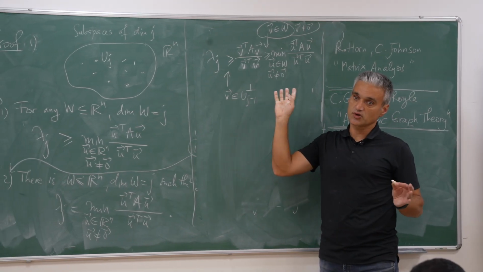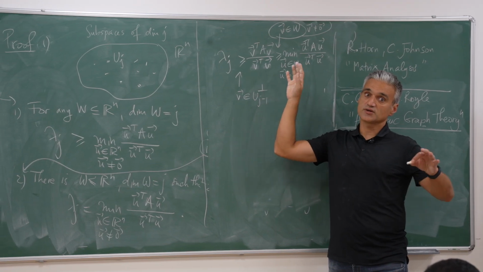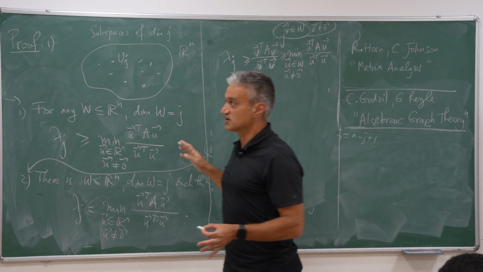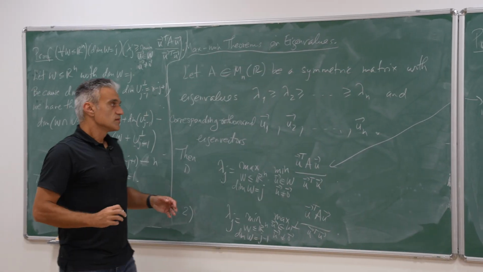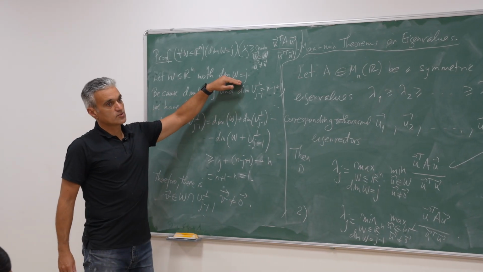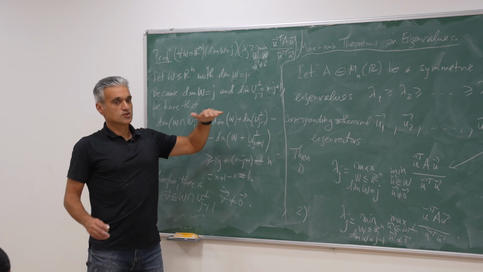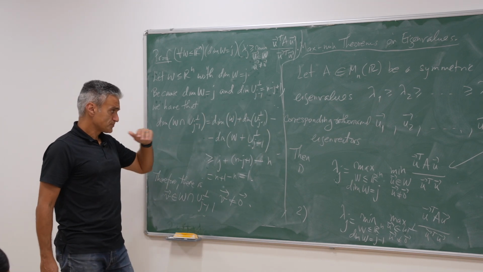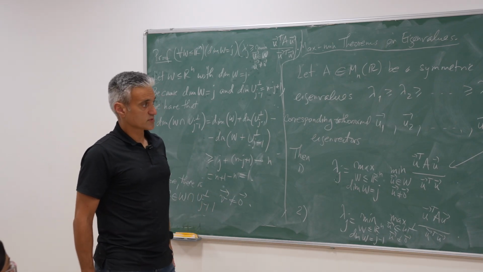It's all about the double agent, some vector that is not zero, that is going to help you on both sides. This vector is guaranteed because W has dimension j, this space has dimension n minus j plus 1, and you do this dimension argument, and that's how it works.